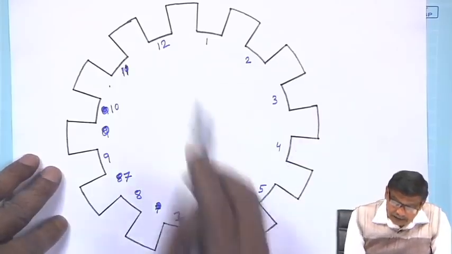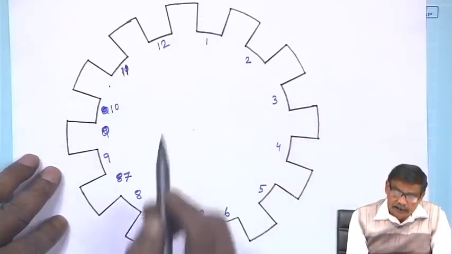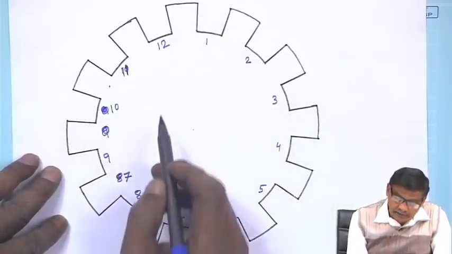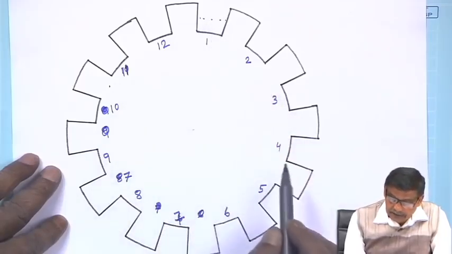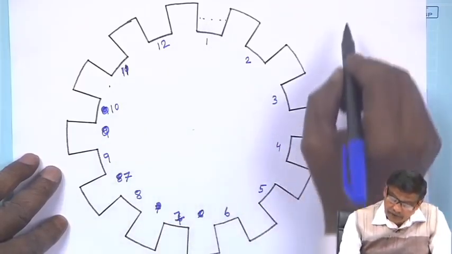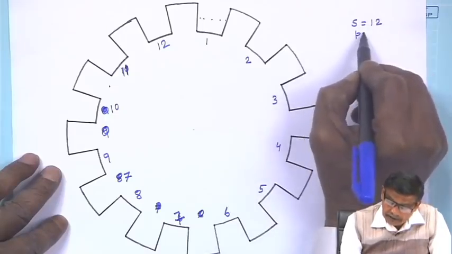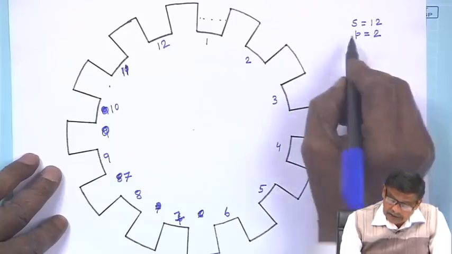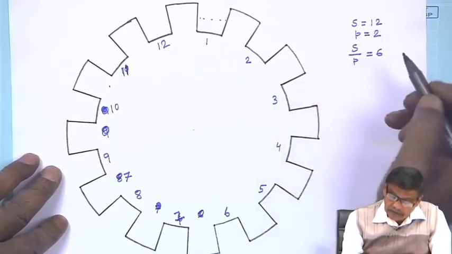Now, what I am telling, in each slot there will be coil sides and there will be two coil sides. So, there will be one upper deck and one lower deck. So, if number of slots equal to 12 and P is equal to 2, then S by P is equal to 6.